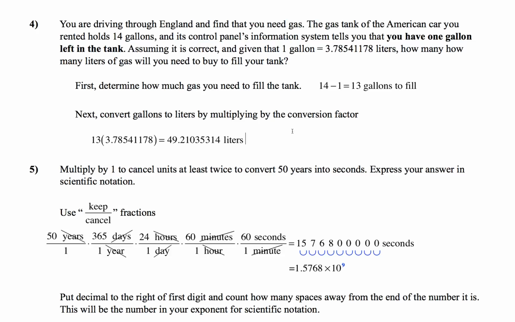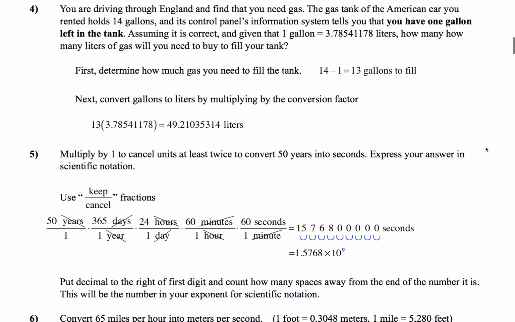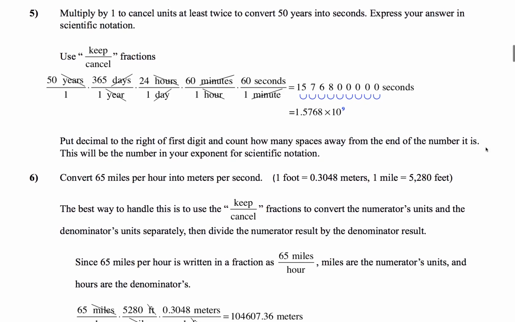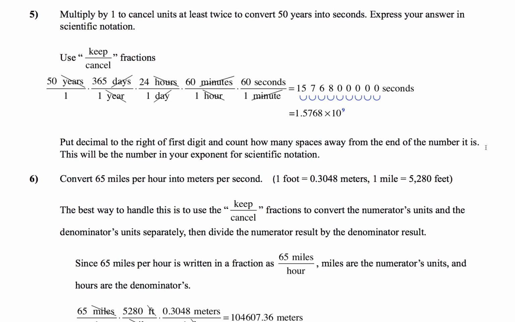How far should you round it? Use your own judgment. I would accept 49. That's a reasonable answer. If, on the other hand, this had been 49.9, you'd probably round that up to 50. But use your own judgment there. And if you've done everything correctly, I won't penalize anybody for how they choose to round.